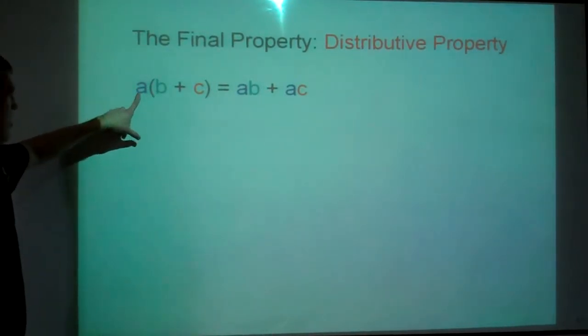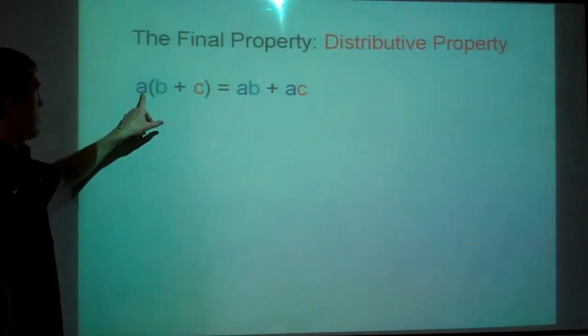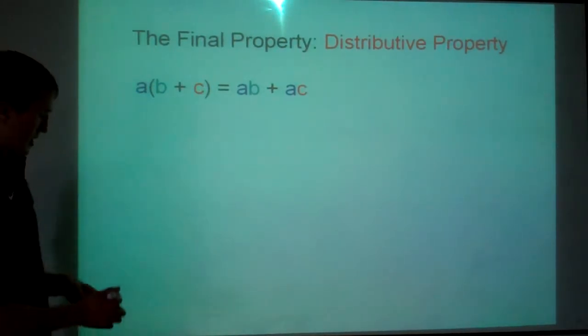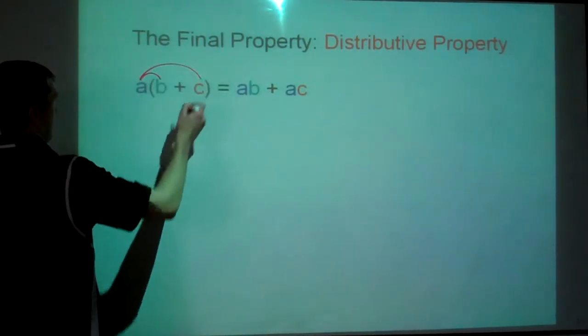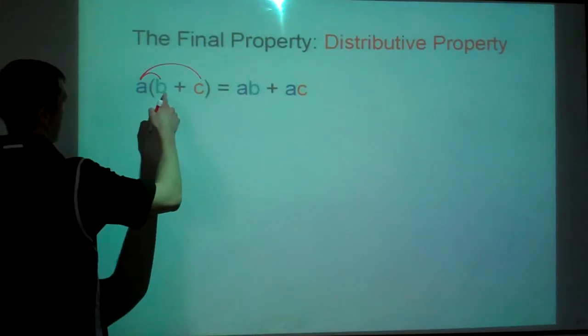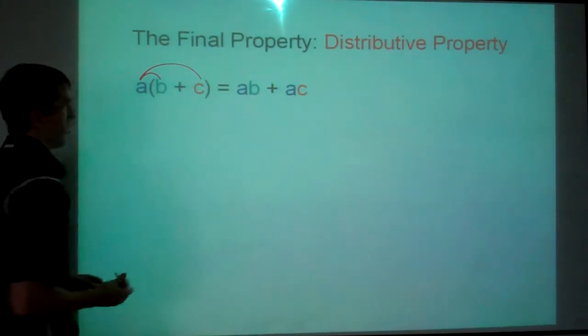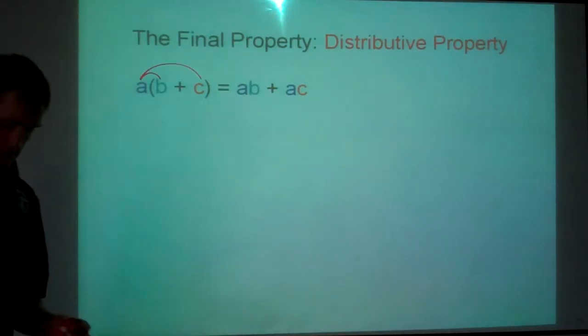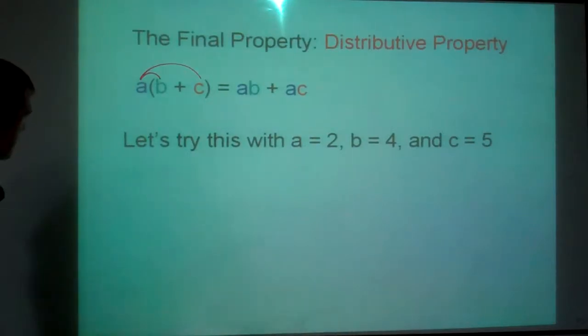And this A will be multiplied by the B and the C. It's being distributed to the B and to the C. So to show that, we usually use this. And then if you look over here, this is A times B plus A times C. So that's what it looks like. And if we know what A, B, and C are, this is much easier.